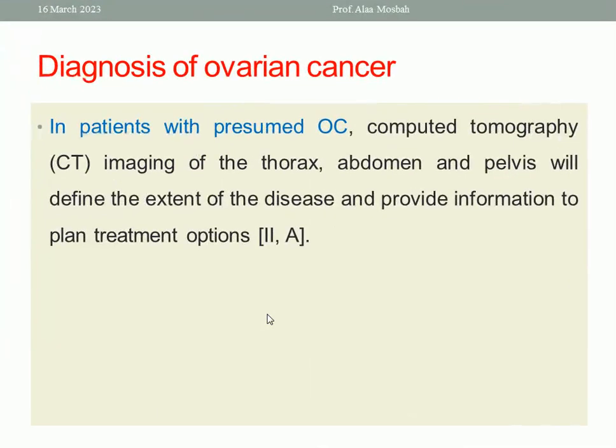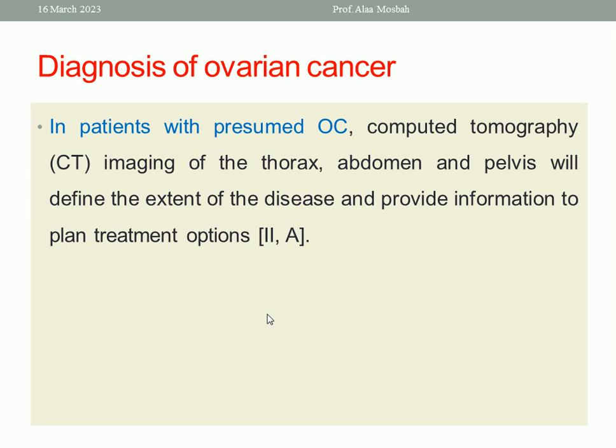Okay, in patients with presumed ovarian cancer, computed tomography imaging of the thorax, abdomen, and the pelvis will define the extent of the disease and provide information to plan treatment options.